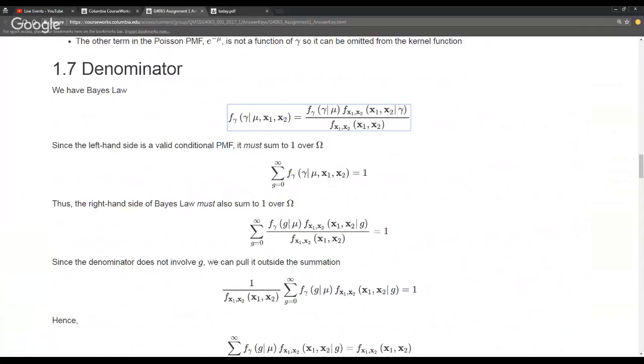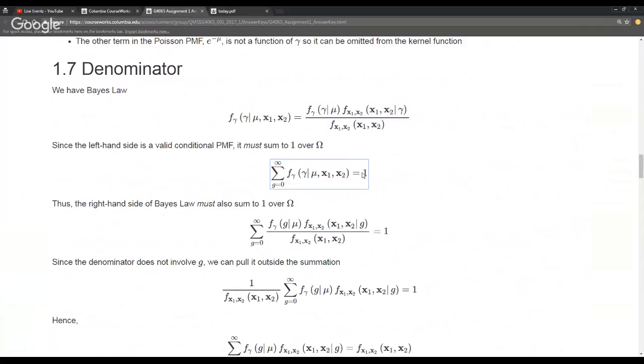But because the thing on the left-hand side of Bayes' law is a valid conditional probability mass function in the discrete case, it must sum to 1 over the entire sample space omega, which in this case is all non-negative integers. So the sum, this should be a g here rather than a gamma, I'm inserting g from 0 to infinity.